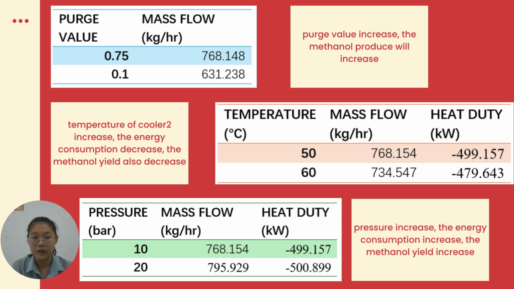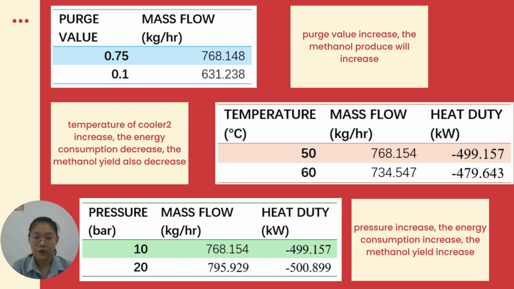At the same time, the heat duty also decreased. So if we want to increase the methanol yields, we should decrease the temperature. However, if we want to decrease the energy consumption, we should increase the temperature of cooler 2.